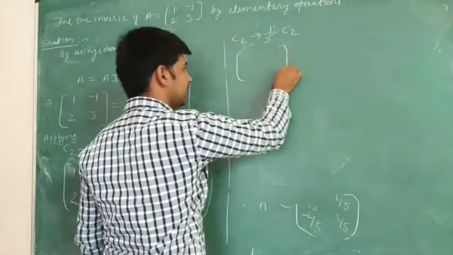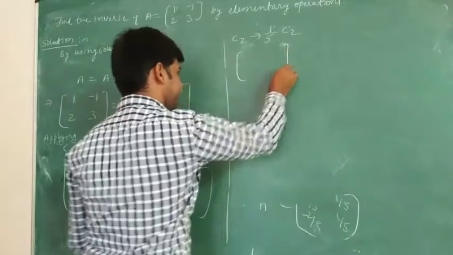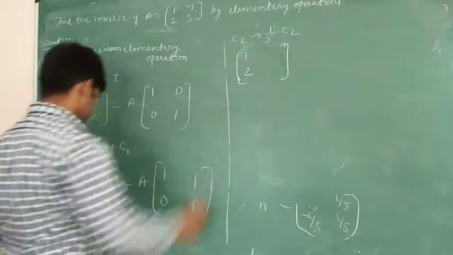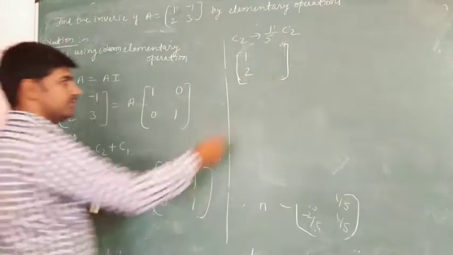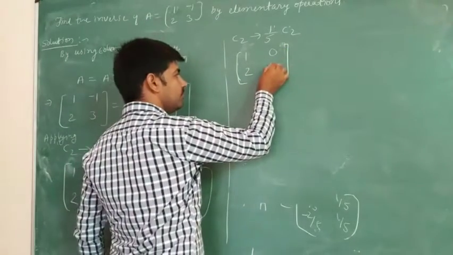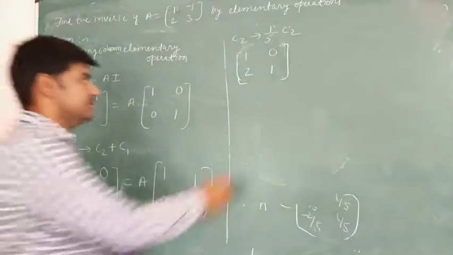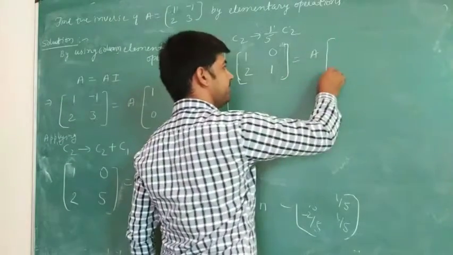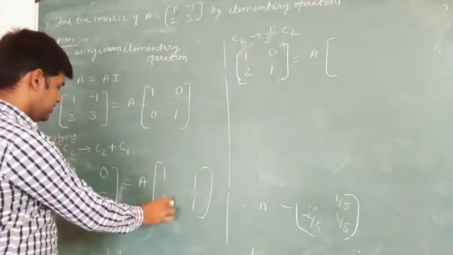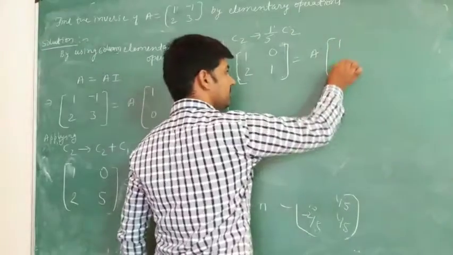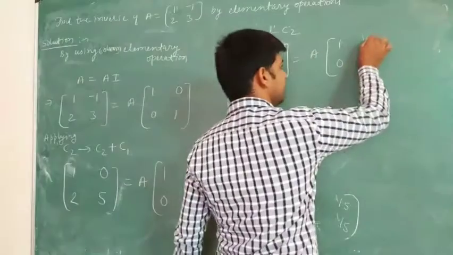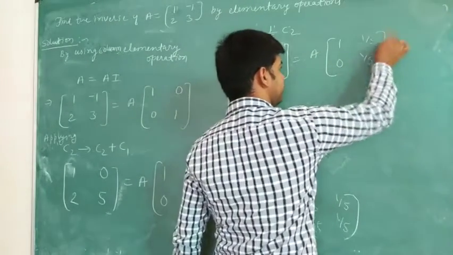When we do that, we get the matrix as [1, 0; 2, 1], because 0 multiplied by 1 upon 5 is equal to 0, and 5 multiplied by 1 upon 5 is equal to 1, and this is equal to A times, and this side C1 is written as it is, 1, 0, and C2 is multiplied by 1 upon 5. So the elements are 1 upon 5 and 1 upon 5.